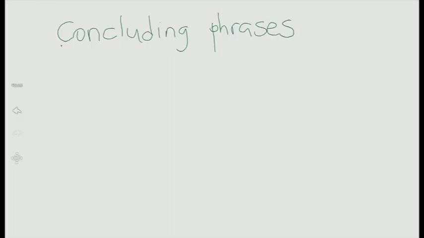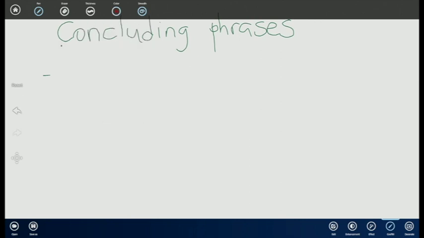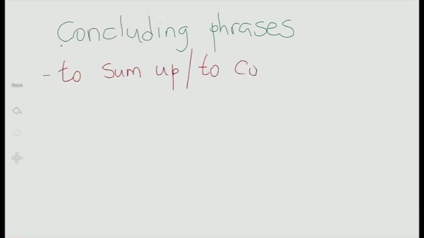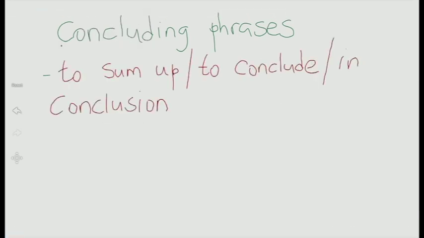So there are different ways to show that now you are concluding, which you can call concluding phrases. For concluding phrases, we've got phrases like, to sum up, to conclude, in conclusion.